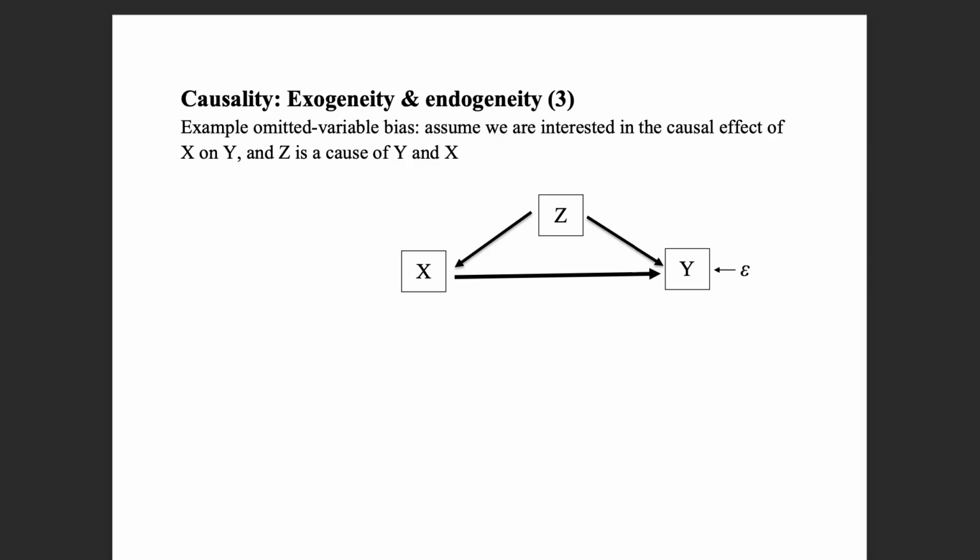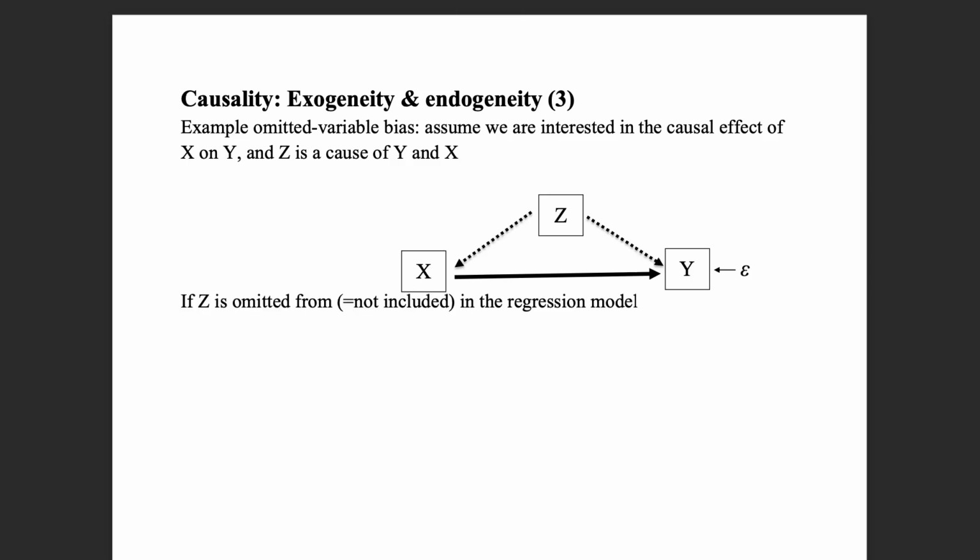Let's say I'm interested in the causal effect of income on satisfaction with the government, and maybe it is actually the case that age is also a reason why people feel differently about the government. So it has a causal effect on satisfaction with government, and age is also a variable that has an effect on income, because of course as people get older, they tend to earn more money. So z is this potential confounding variable that is a cause of both our dependent variable as well as our independent variable.